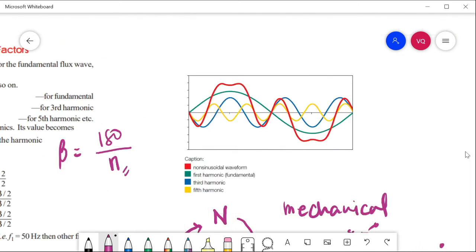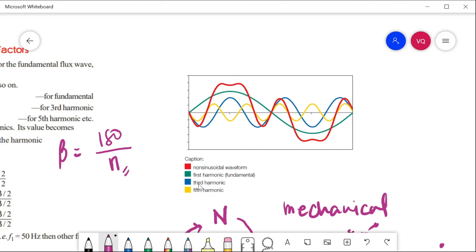So this is the example of a sine wave of different harmonics. So yung red, this one, non-sinusoidal waveform. Yung green, first harmonic, we have our fundamental, yung pure sine wave.